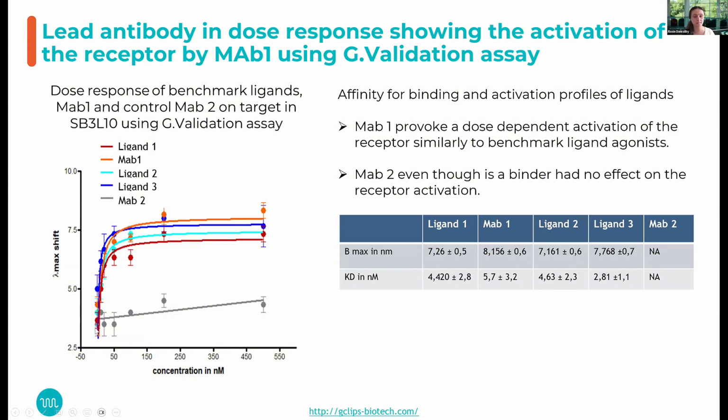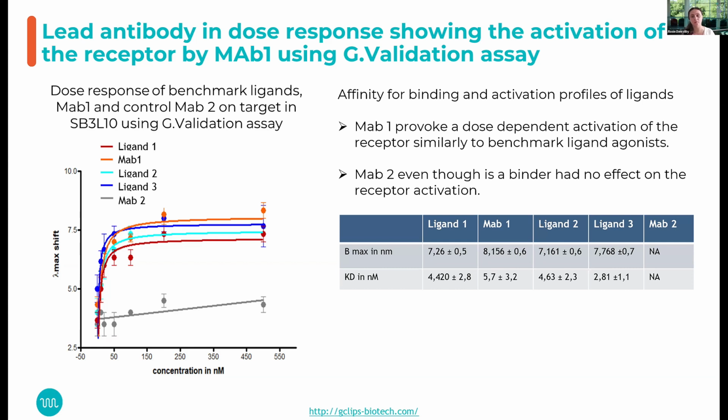And we could nicely see an activation profile with all the ligands, ligand 1, 2, and 3, but also with MAB1, the one that we were testing. We saw a very nice activation profile, but not with MAB2, which was also a binder, but didn't show any effect when added to the protein.